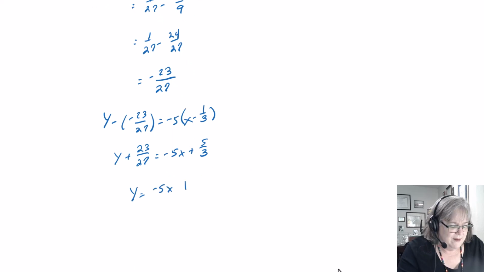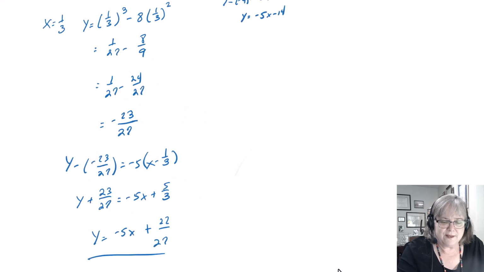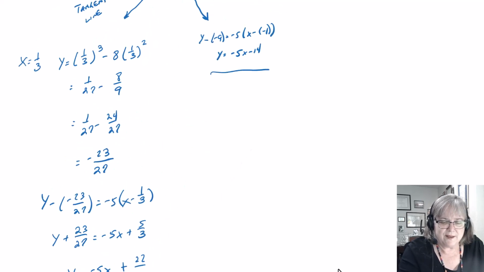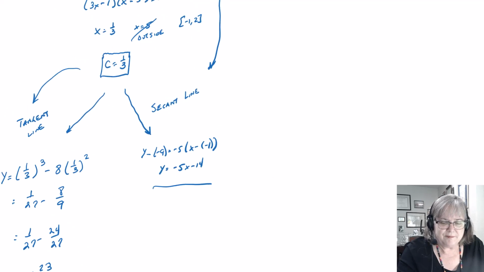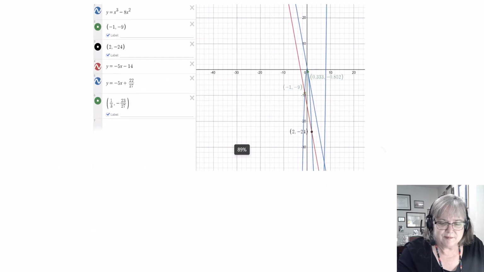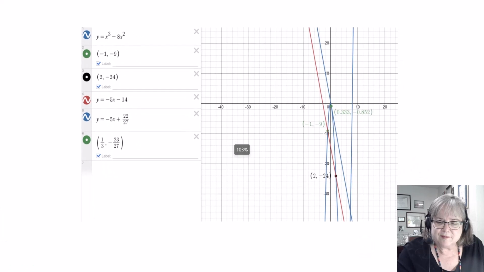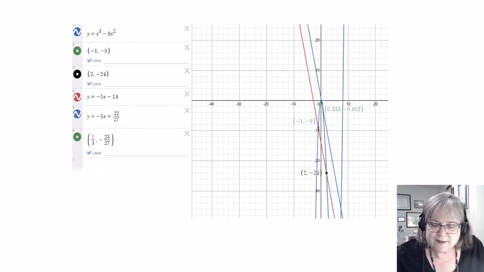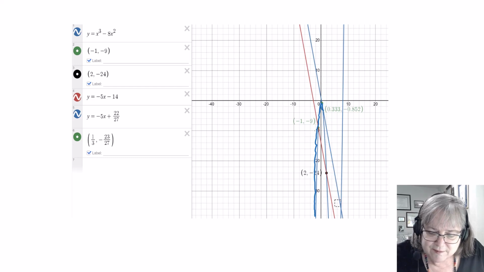Alrighty, we are there. Okay, so this is the tangent line. This is the secant line. There it is. Okay, so this curve right here, I missed it. There it is.